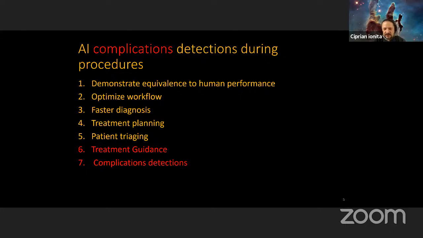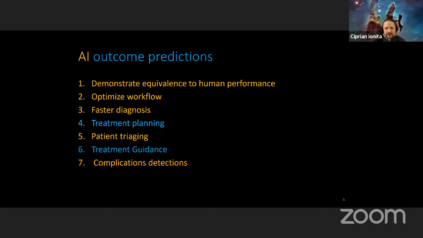Again, this is not something where the AI will fly solo and take over a procedure. It's just to bring to the attention of the interventionalist or neurosurgeon that something might be wrong in a certain area. And today, I'm just going to go over treatment planning and treatment guidance using AI predictions.